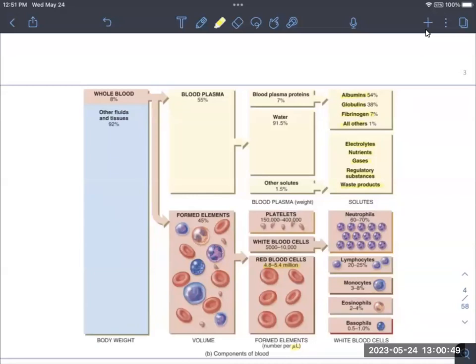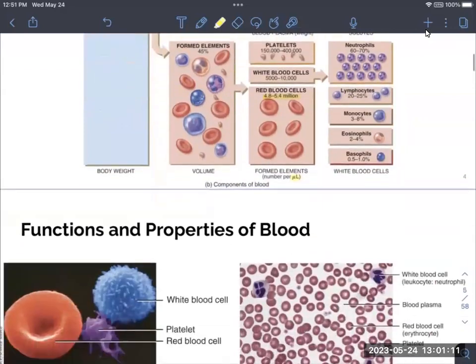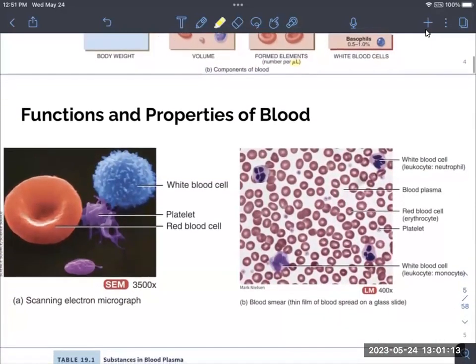That's a lot. Our white blood cells get distributed out even further because we have 5 different types: neutrophils, lymphocytes, monocytes, eosinophils, and basophils. We'll go through all of those different white blood cells and what they do for our system when we get to the white blood cells section.